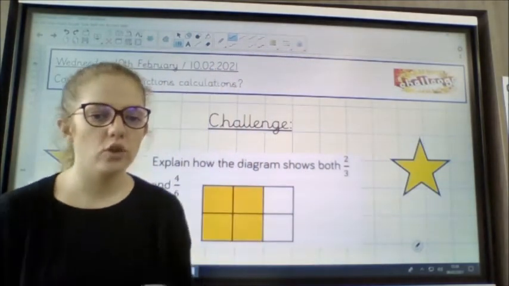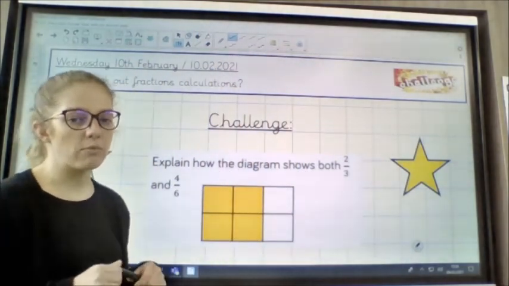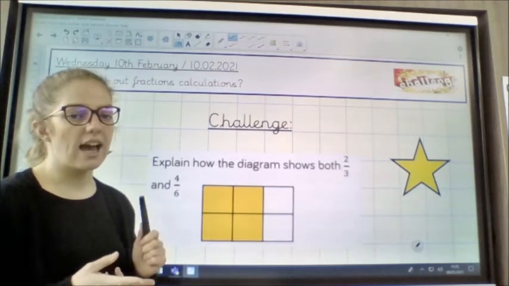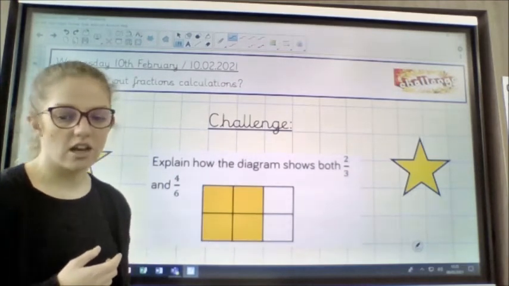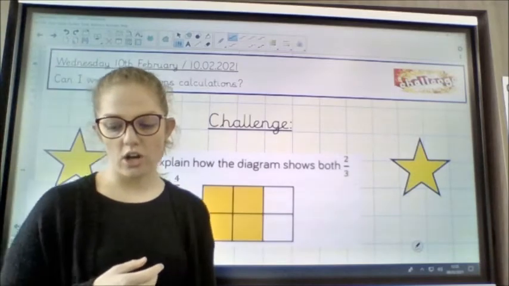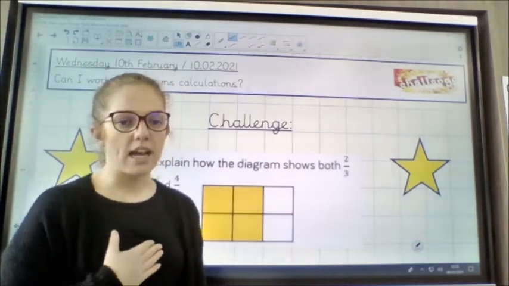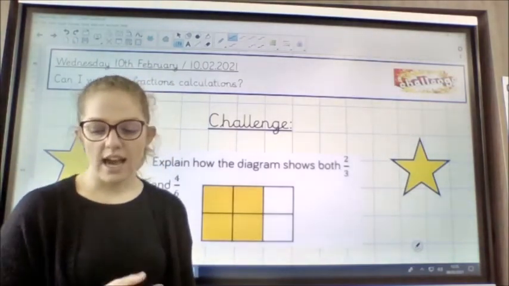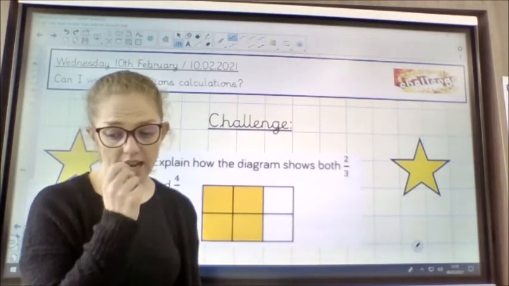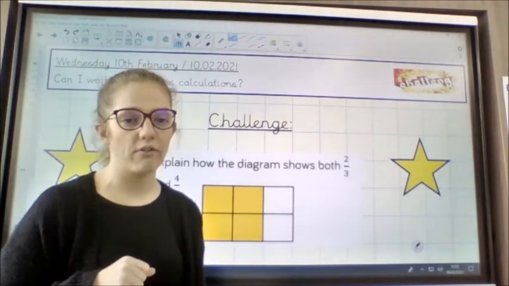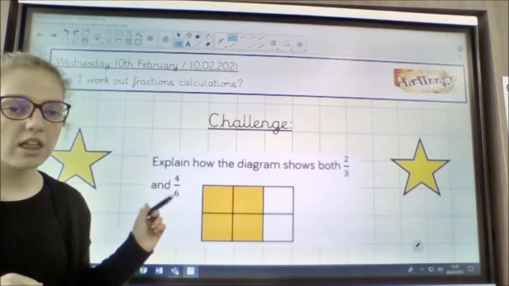Now your challenge for today is explain how the diagram shows both 2/3 and 4/6. So looking back on to Monday where you were marking on fractions, and looking back on Tuesday when you were circling equivalent fractions, you're doing a very similar thing here.